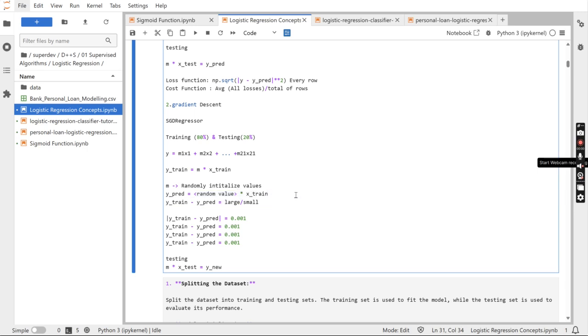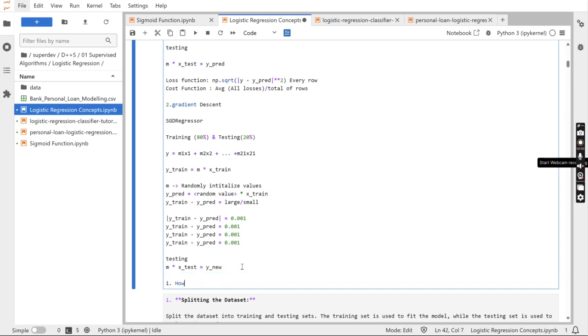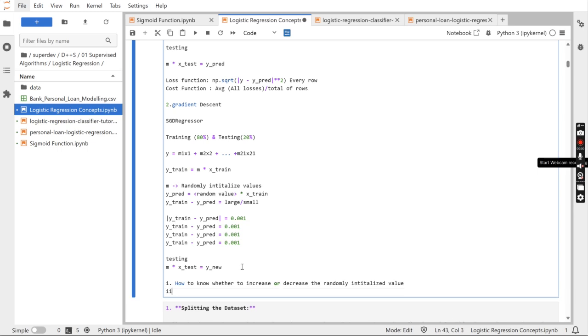That is question number 1: how to know whether to increase or decrease the randomly initialized value.